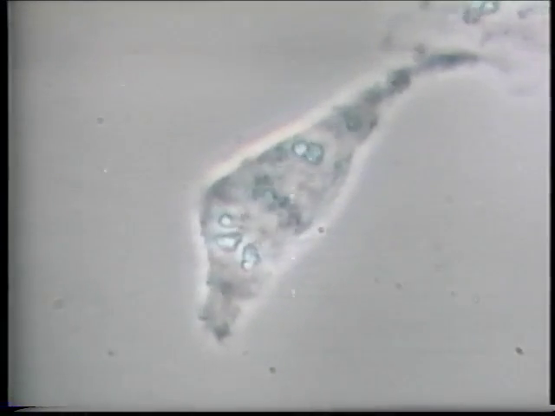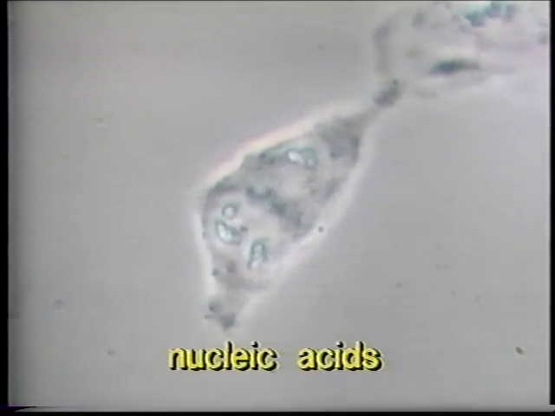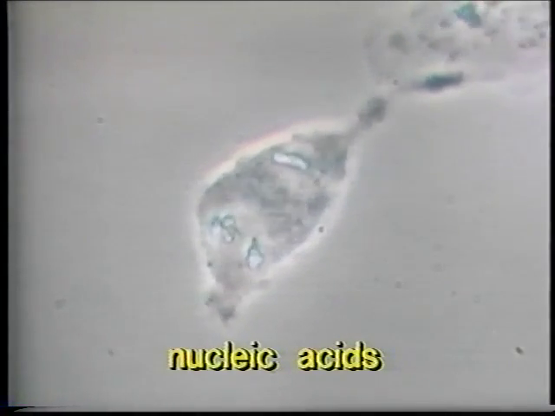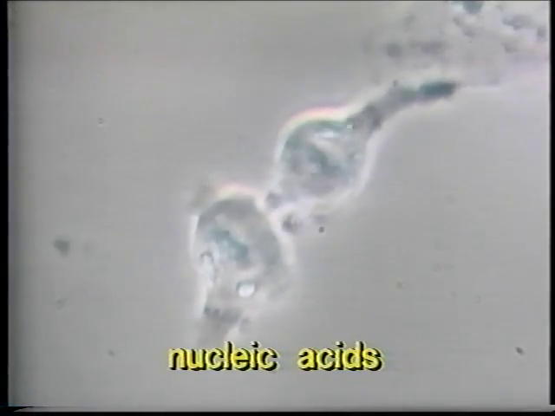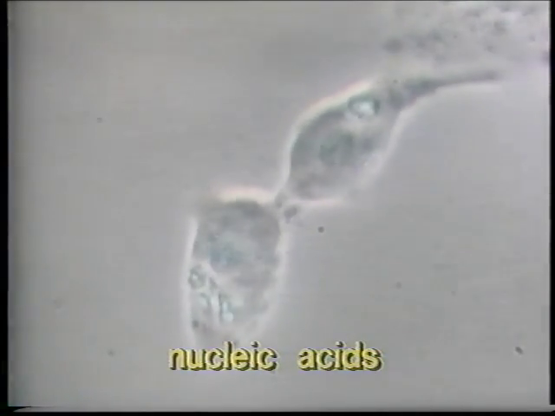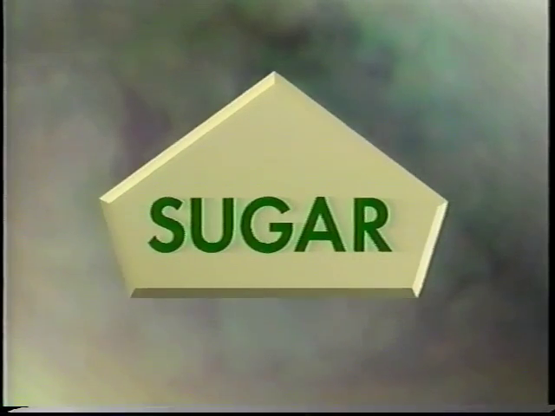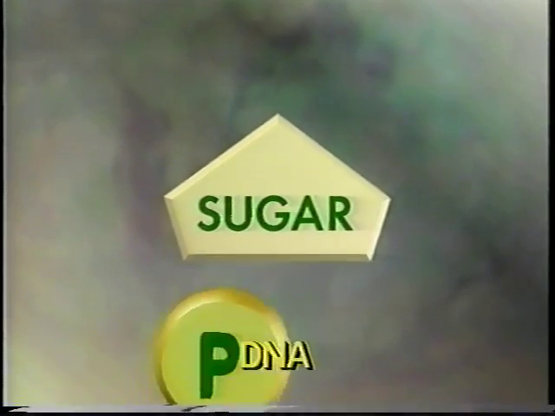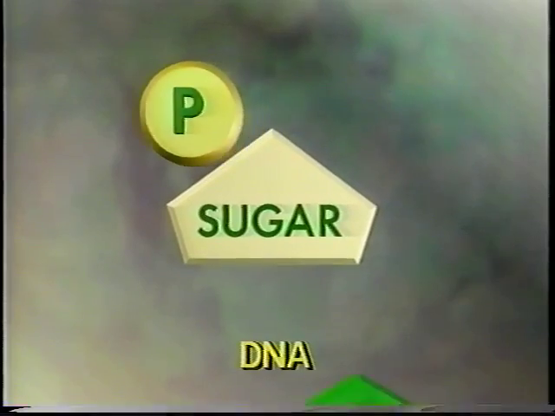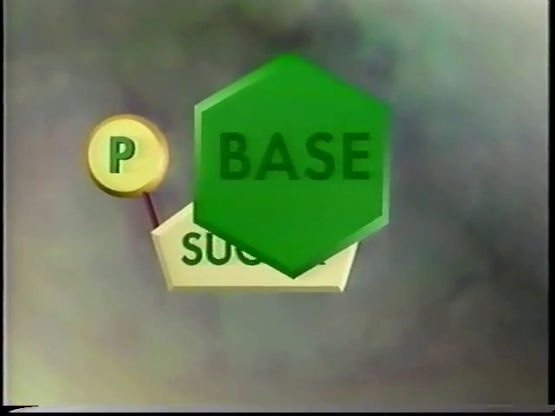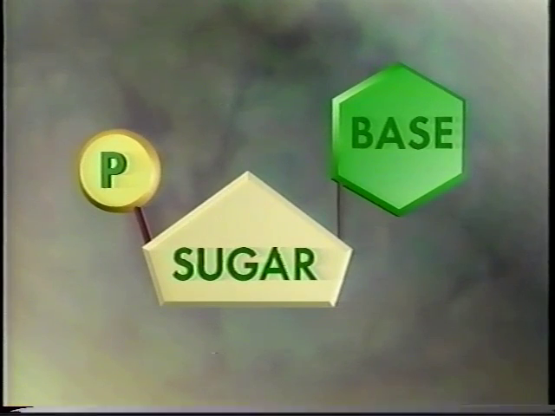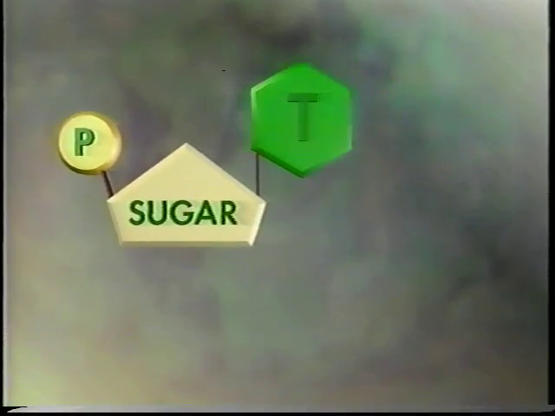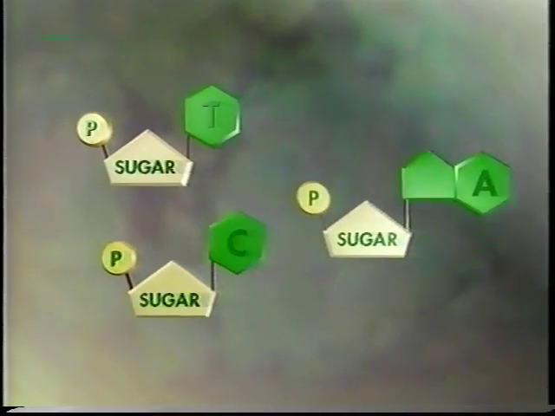Another important group of biological molecules are the nucleic acids. These are named because they were first observed as stained material within the nuclei of cells. One type of nucleic acid, DNA, occurs in the nucleus of the vast majority of living organisms. Each DNA unit is composed of the 5-carbon sugar deoxyribose, a phosphate group, and one of 4 nitrogenous bases, either thymine, cytosine, adenine, or guanine.